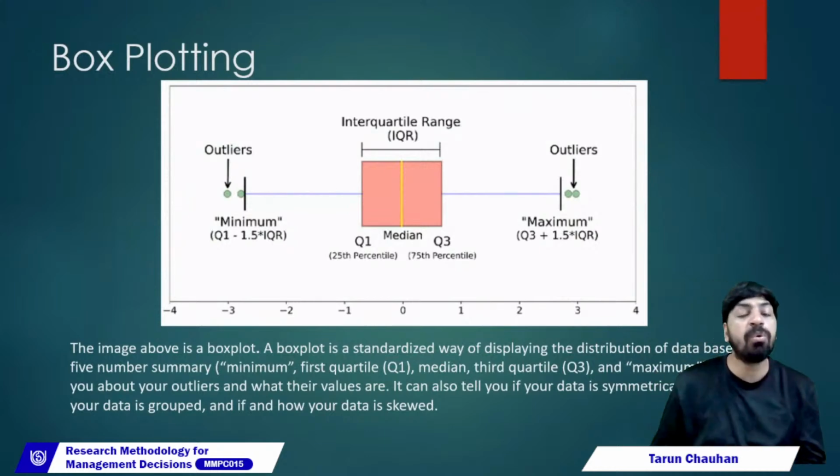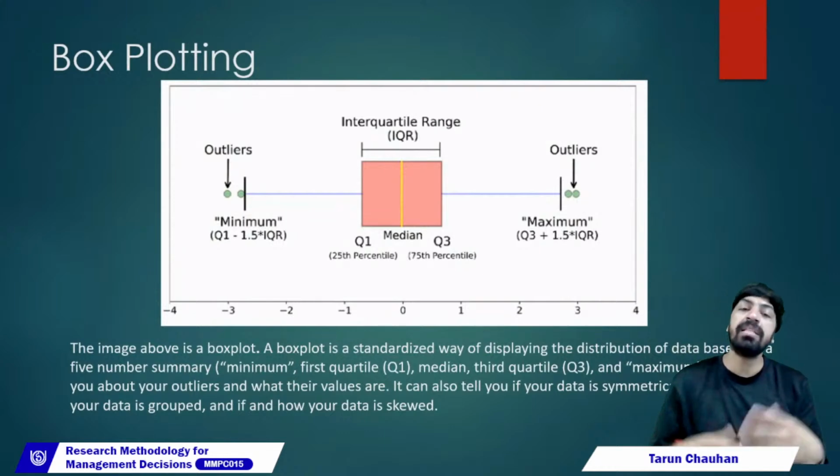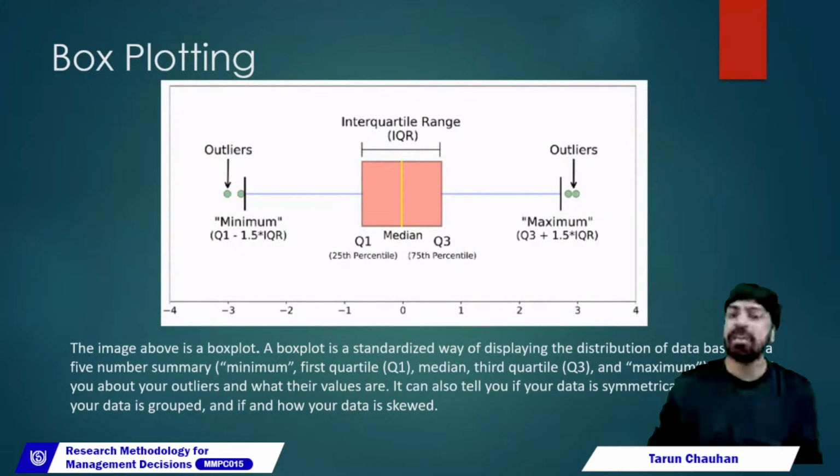But how do we calculate these variables? It is done statistically, as shown on the screen. The minimum value is Q1, the first quartile, minus half of the interquartile range. So whatever value is given in the question, just divide by 2 and subtract it from the first quartile, and you will get the minimum value.